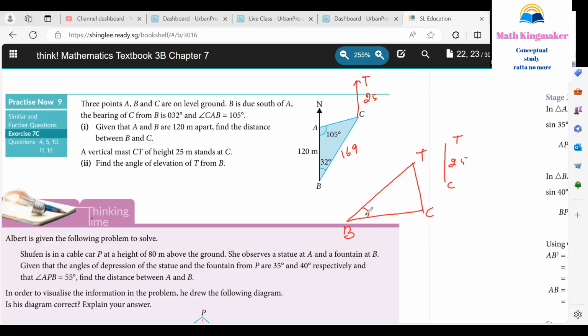So CT is given as 25. BC you have 169. Actually, it is looking very different. If you see this triangle BCT, you cannot imagine how it may be. But if you make it on your paper and make a mask of your pencil, then you can say, yeah, it's a right angle triangle.